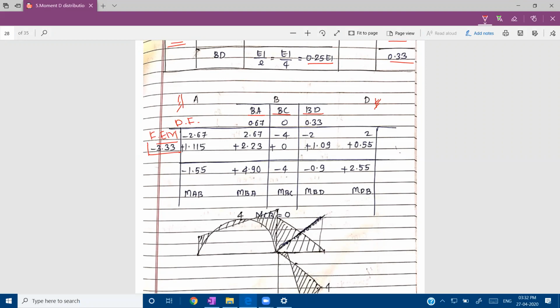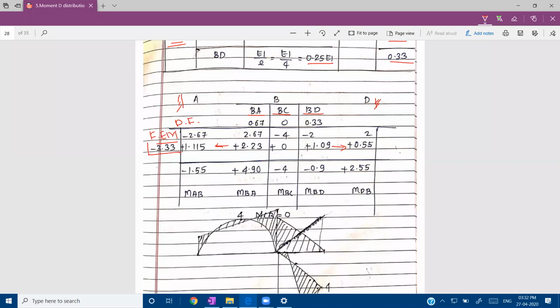This 2.23 is nothing but 3.33 into 0.67, and this 1.09 is nothing but 3.33 into 0.33. Now half of this should be carried over here because A is fixed support, and half of this should also be carried over here because D is fixed support.